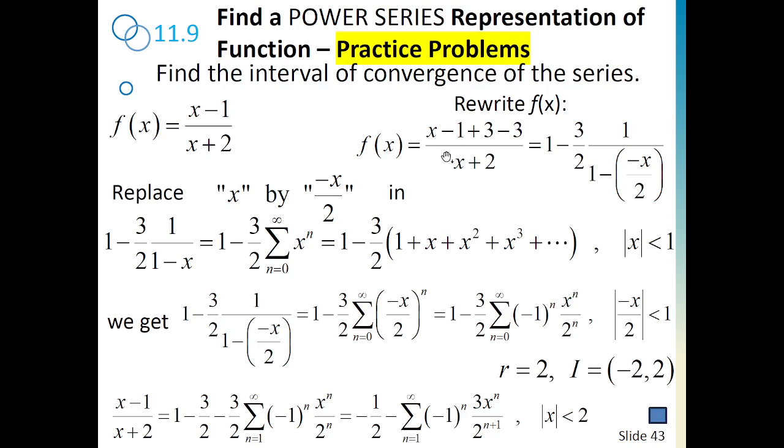So basically here I try to have x plus 2 upstairs plus some number. So x minus 1 plus 3, that will give me x plus 2. So I add 0, right? Plus 3 minus 3. So that will give me x plus 2 minus 3 upstairs. So I'll have x plus 2 divided by x plus 2 is 1, minus 3 divided by x plus 2.